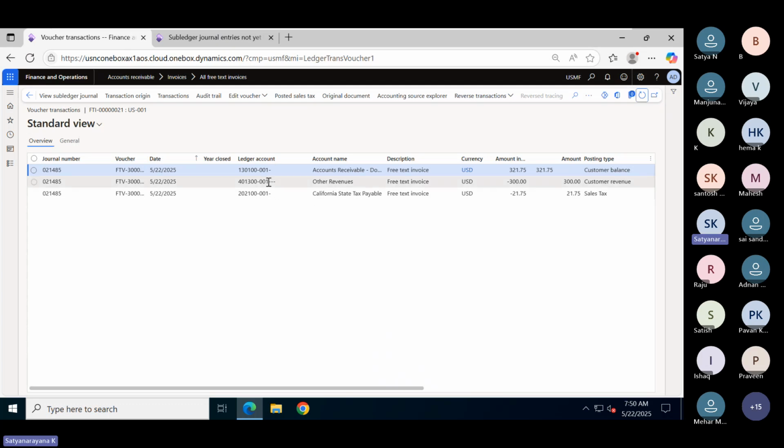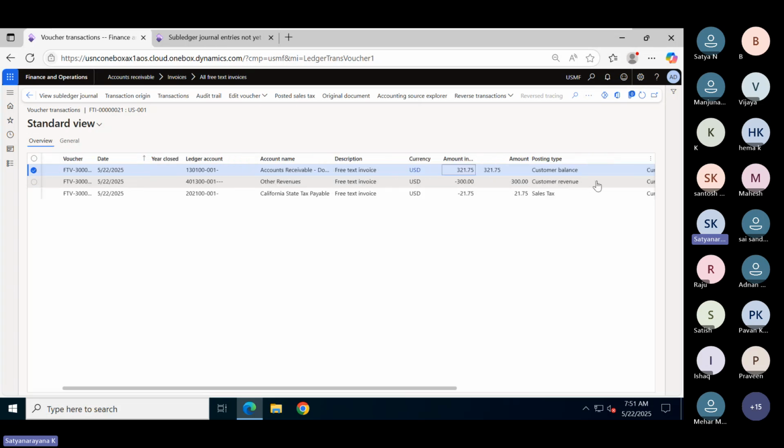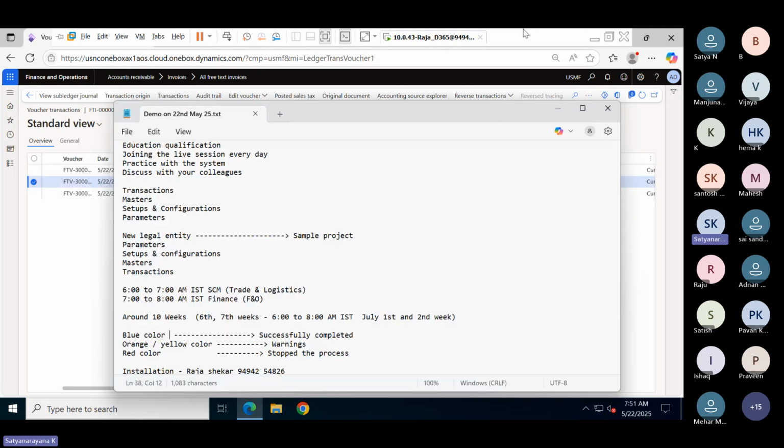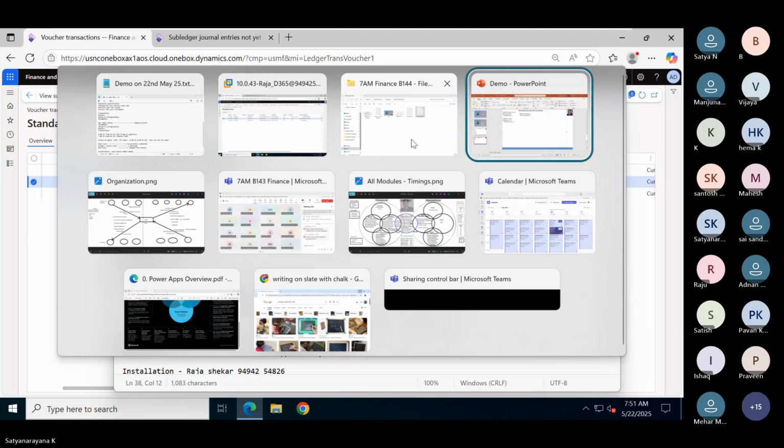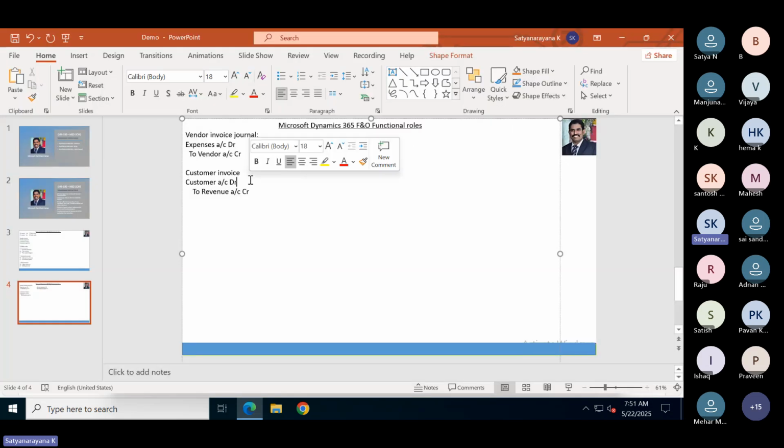Here, forget about the taxes at present because you don't know about taxes yet. You learn that later. Customer account debit, customer balance; customer account debit to revenue account credit. Now go to customer account.